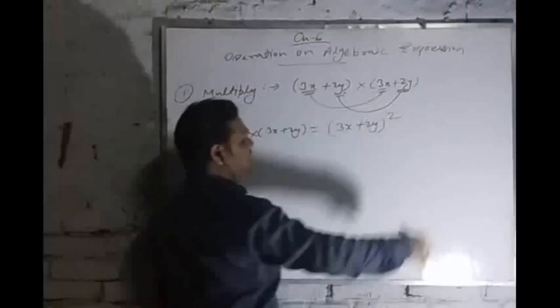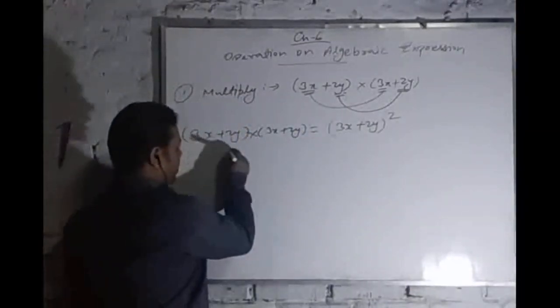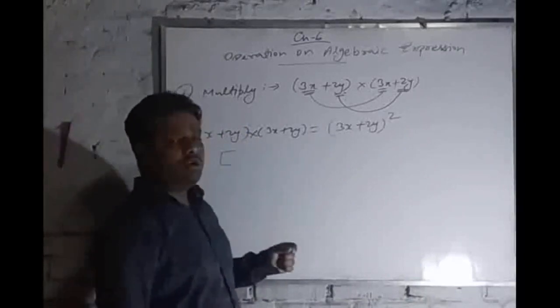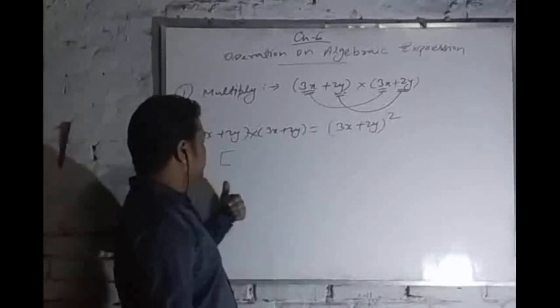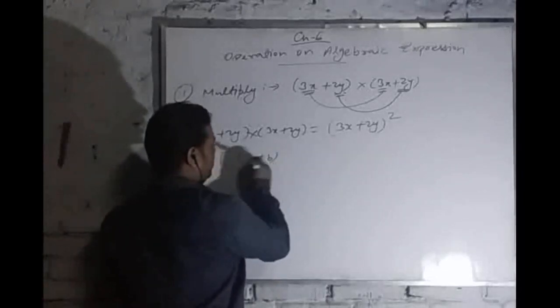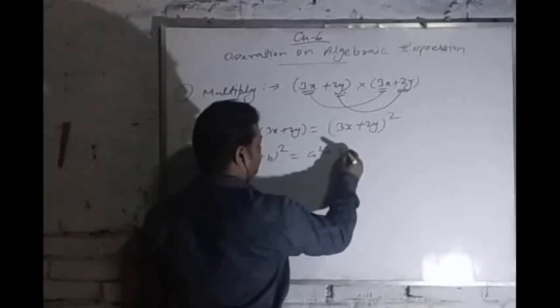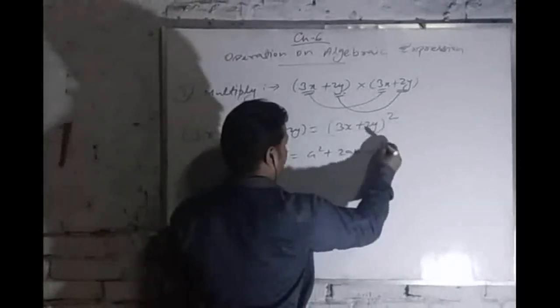Then we can use the formula. In every question we will write what formula we are using. That is (a plus b) whole square is equal to a square plus 2ab plus b square.